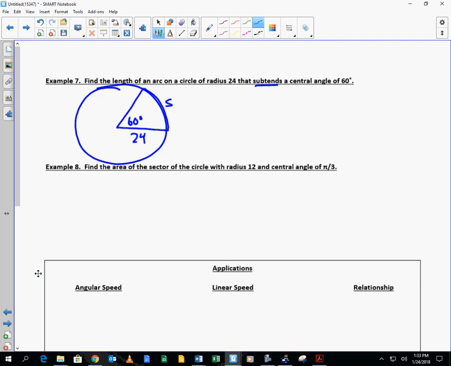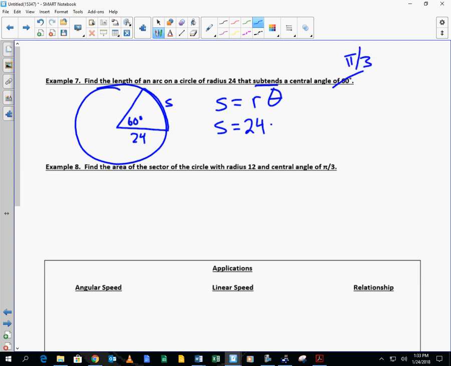So what is my formula for arc length? S is equal to r theta. That's it. Do we know r? 24 times, do we know theta? No. And that's what you'll do on the test.